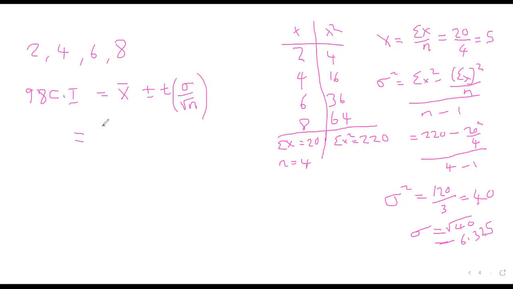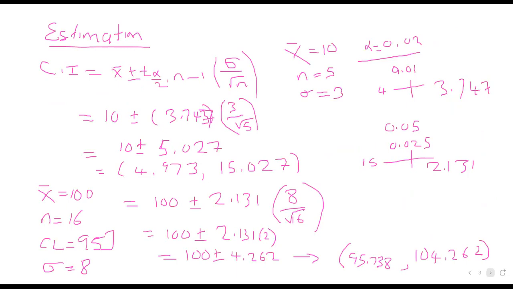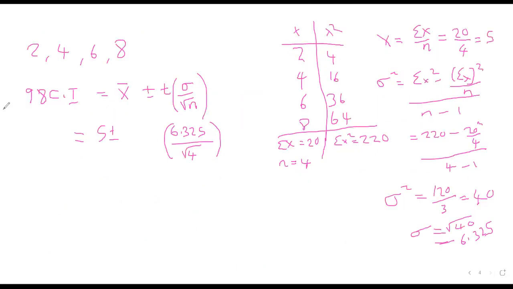This will help us now compute the rest here. Mean is 5. Standard deviation is 6.325. n is 4. The stages for reading the T table. Step 1, find the alpha. Alpha, since here it is 98%, is 0.02.